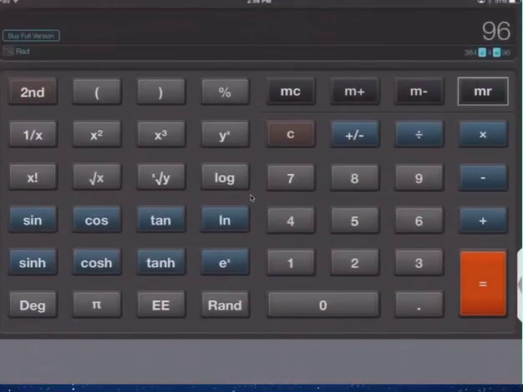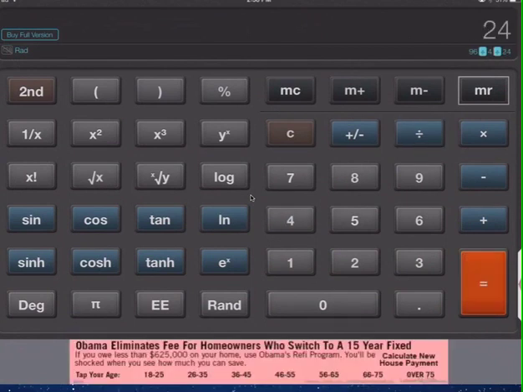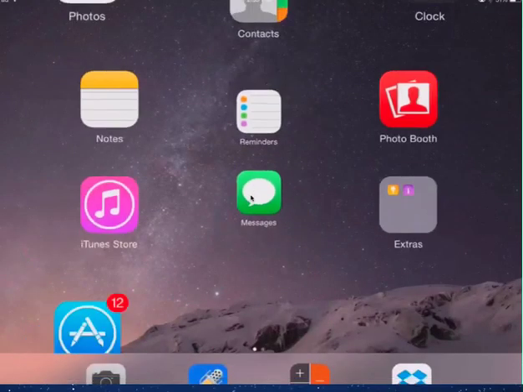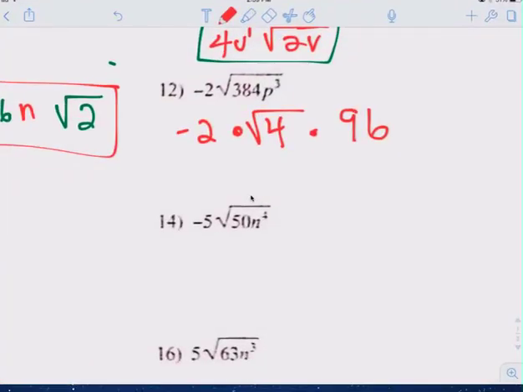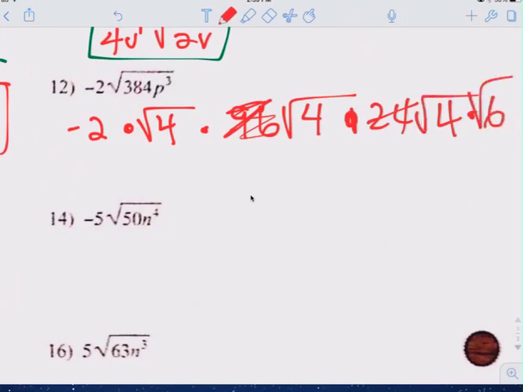You think you can reduce? 96 divided by 4 is 24. Okay, so 96 is 4 times 24, right? 4 works, but 24 can be 4 times what? 4 times 6. Okay, we're good, aren't we?